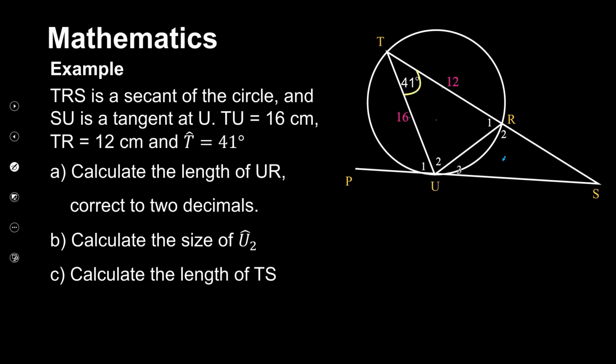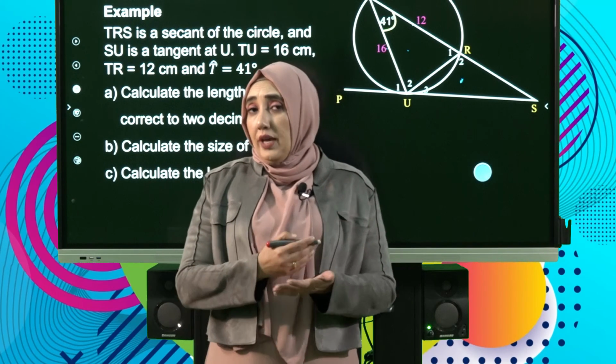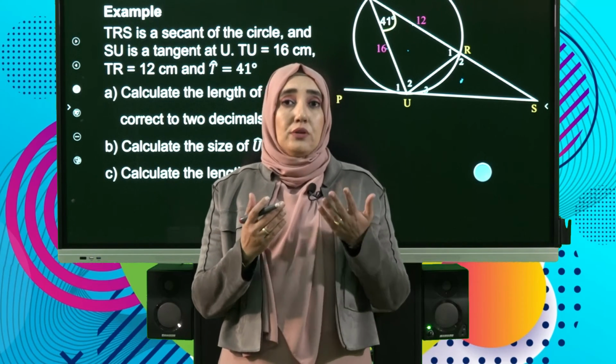And there's a bigger triangle, triangle TUS. In that triangle, we've got one angle 41 degrees and one side 16. We don't have US and we don't have TS. So as we get through the problem, we probably need to find some other information, either using trigonometry or possibly geometry. Because we have a tangent, we've got to remember our tangent theorems.